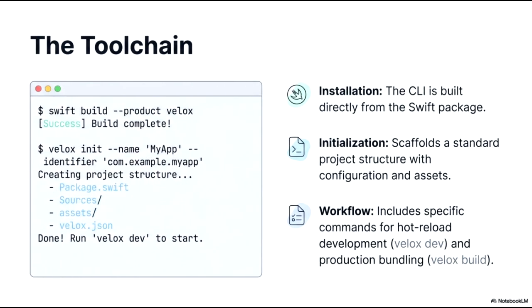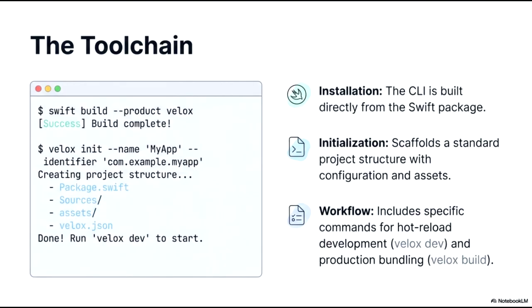The Velox CLI is designed to be lightweight and efficient, built directly from the Swift package to ensure seamless integration with the existing ecosystem. Once installed, initializing a project is a single command. As you can see in the terminal example, running Velox init scaffolds a standard project structure, automatically generating your package manifest, source directories, assets folder, and configuration files.